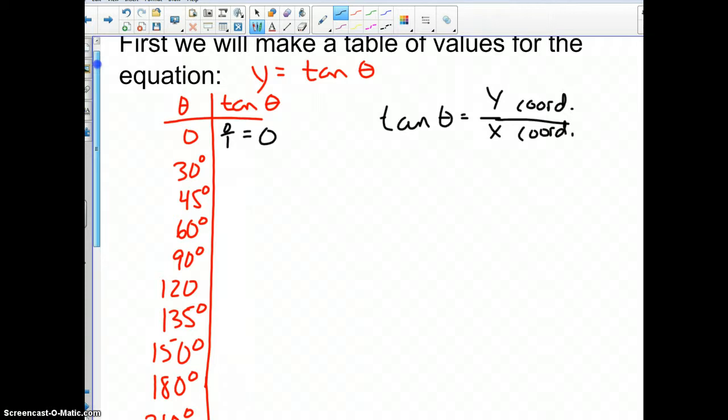Then we'll take the next one, 30. So it's y over x. Now I'm going to write this going sideways. What we have is 1/2 over the square root of 3 over 2. I'm entering it this way because we'll put it into a calculator.